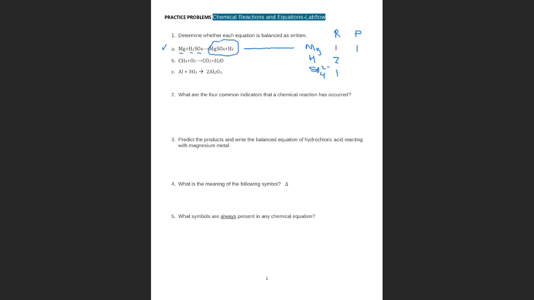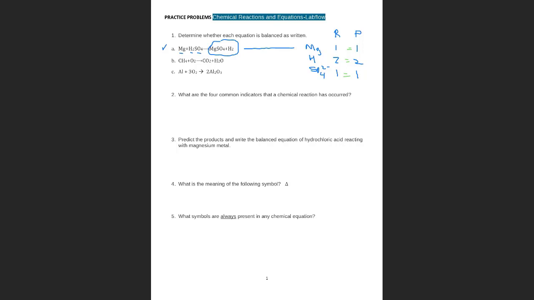I have one magnesium, one sulfate, and two hydrogens. When I have an equal amount in the reactant and the product, I say the reaction is balanced.